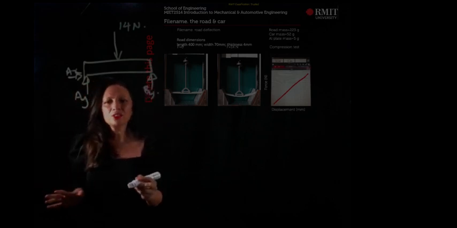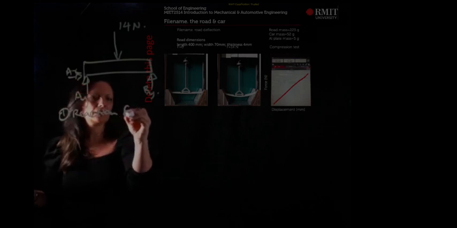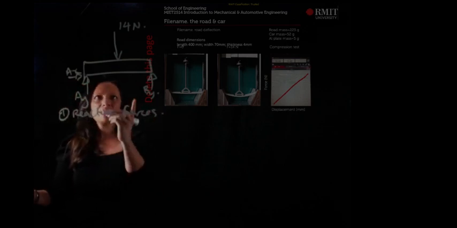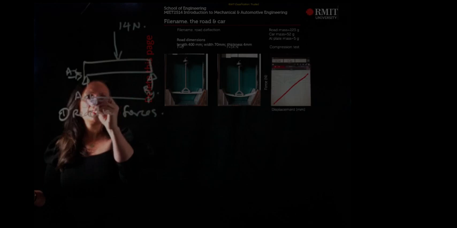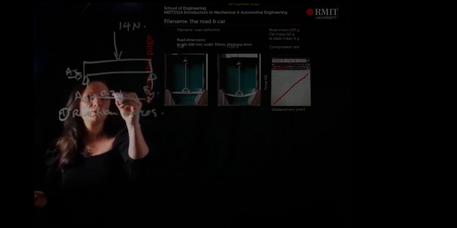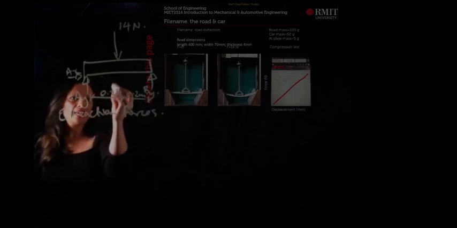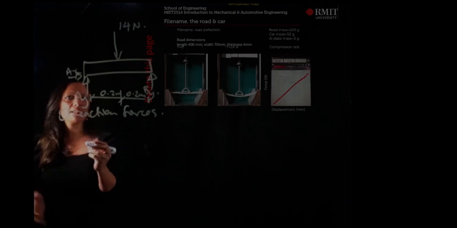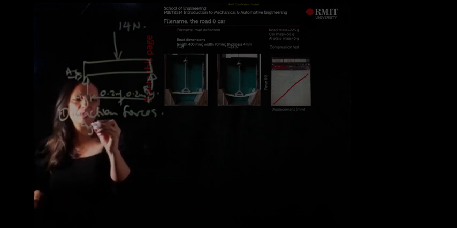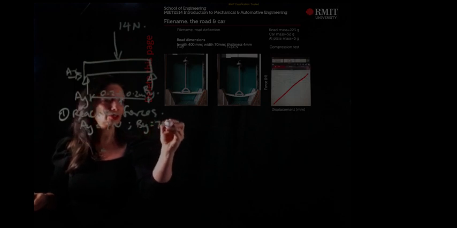So straight up, you can just calculate your reaction forces. Our distance here is 0.2 metres on each side, and we can just look at that and say that AY is going to be 7 newtons and BY is also going to be 7 newtons.